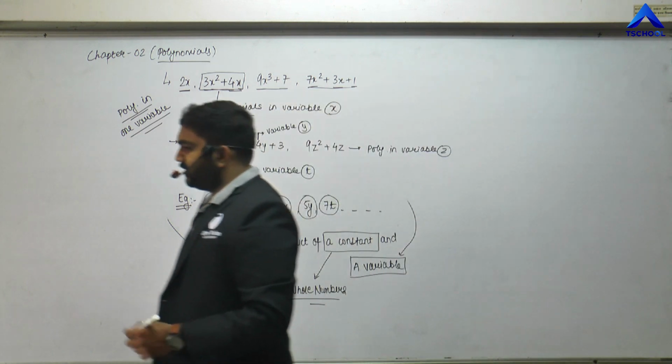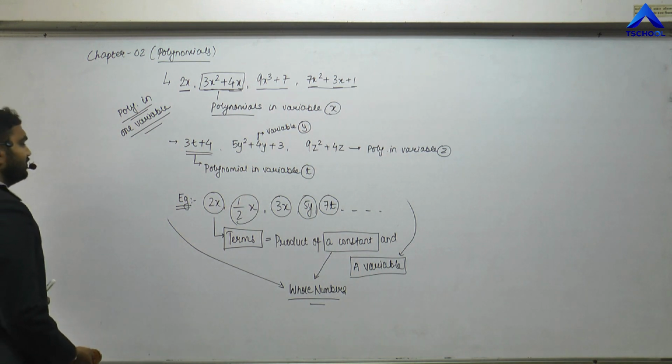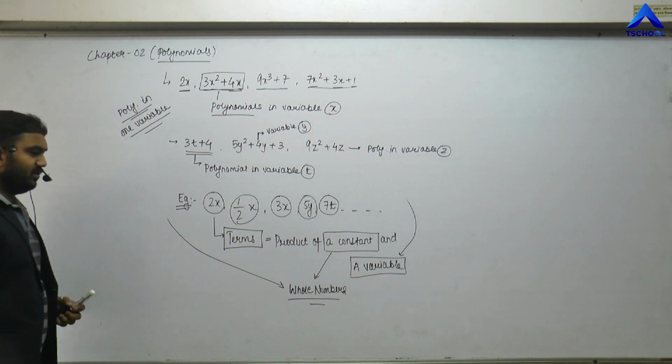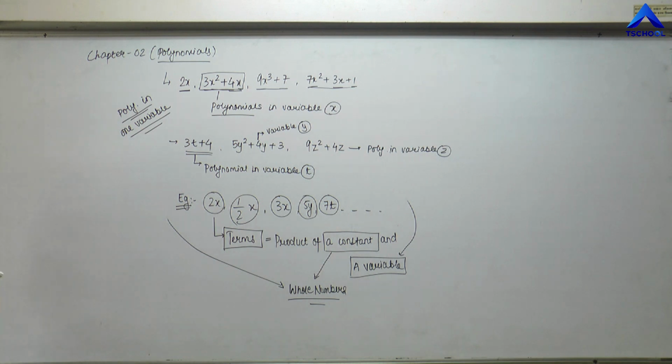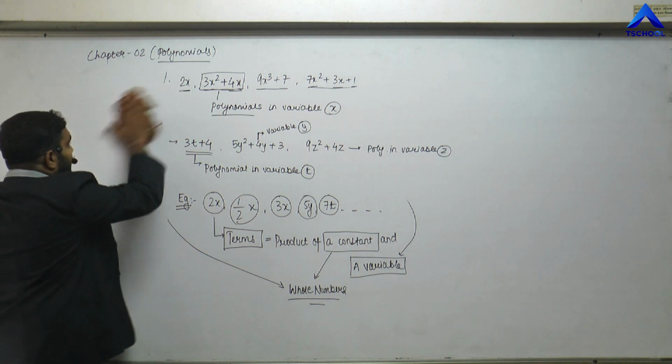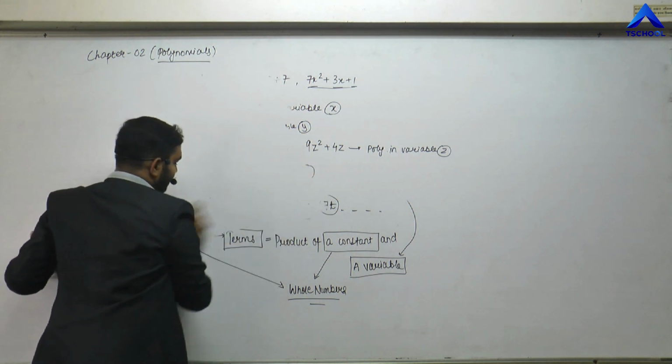The constants that are associated with the variables will again be whole numbers, and these constants are known as the coefficients of the variables. So the numbers, let me define it here.